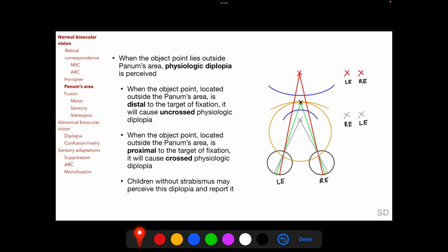For the right eye, the image perceived by the right eye is nasal to the image perceived by the left eye, and for the left eye, the image perceived by the left eye is nasal to the image perceived by the right eye. As a result, the image seen by the right eye will be to the left of the image seen by the left eye, and so this will result in crossed physiologic diplopia. Children without strabismus may perceive physiologic diplopia and complain about it.